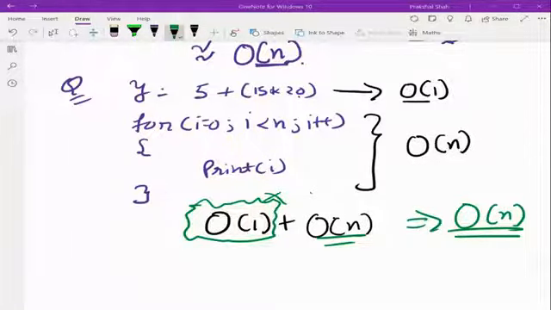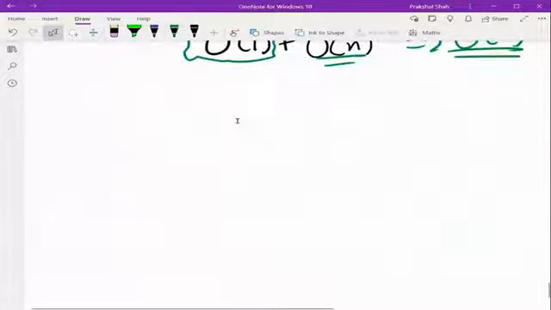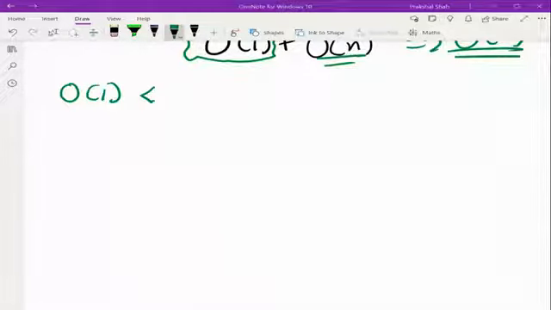Now let's take another example. There is a rule that whenever we have a constant complexity like order of 1, it will always be larger than order of log n.